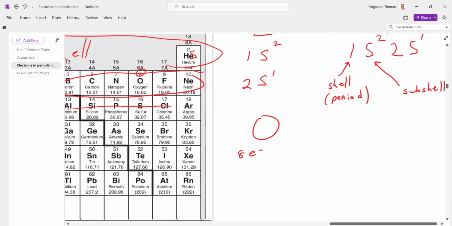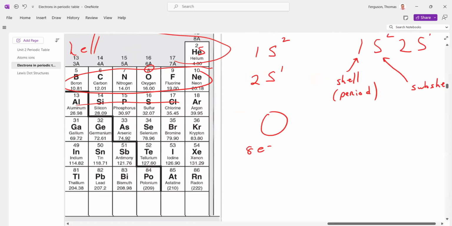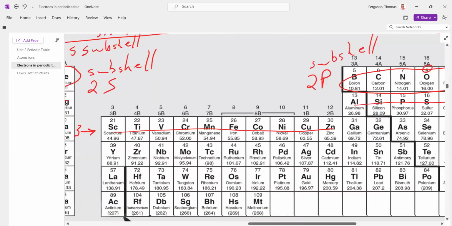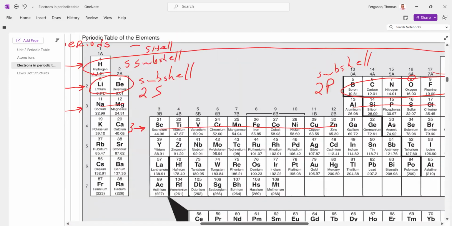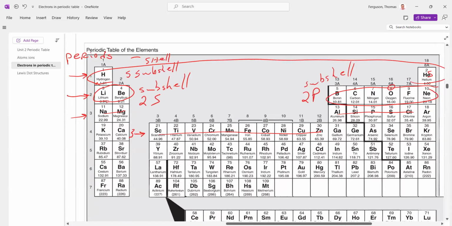Well, shell number 1 is going to start to fill, and it's going to fill up with 2 of those electrons. And we still have 6 more to go. So we're going to start on shell number 2. You can only put 2 electrons in subshell s, so that takes care of another 2.